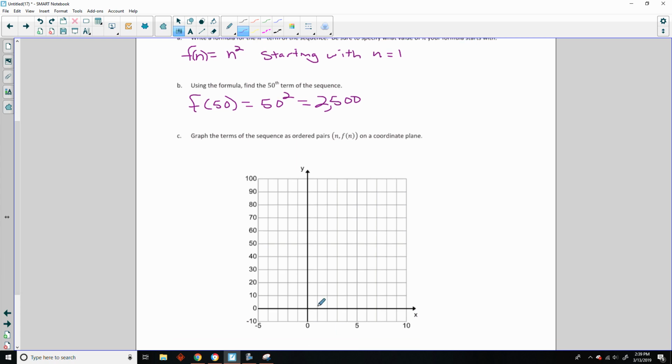C says to graph the terms of the sequence as ordered pairs. So we're at 1, 1; 2, 4; 3, 9; 4, 16; 5, 25; 6, 36; 7, 49; 8, 64; 9, 81; and 10, 100.